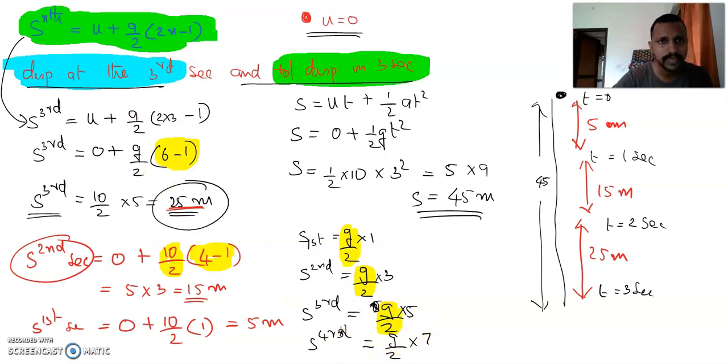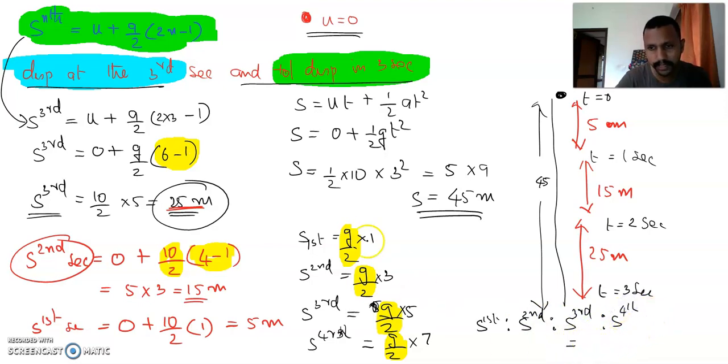Then what we can say from this is we could form a pattern, that is, displacement at the first second is to displacement at the second is to displacement at the third second is to displacement at the fourth second.